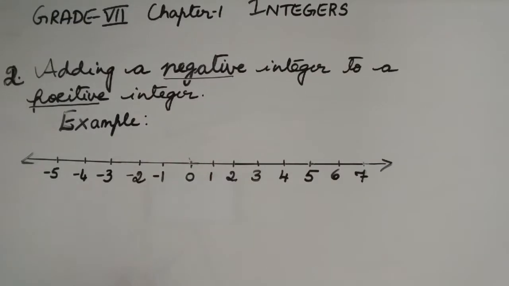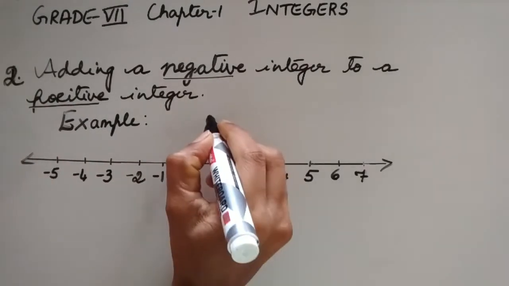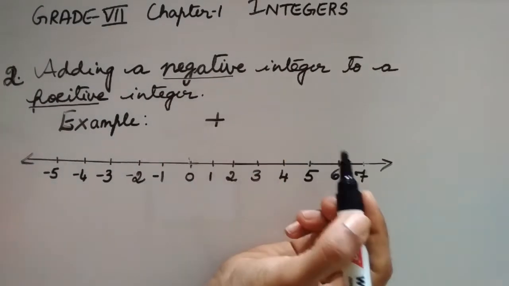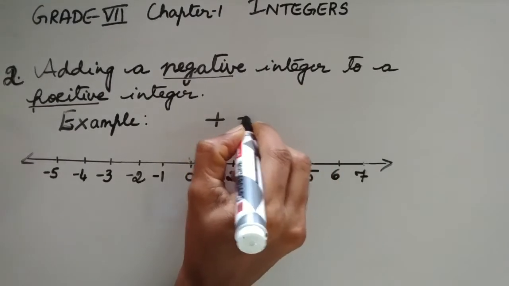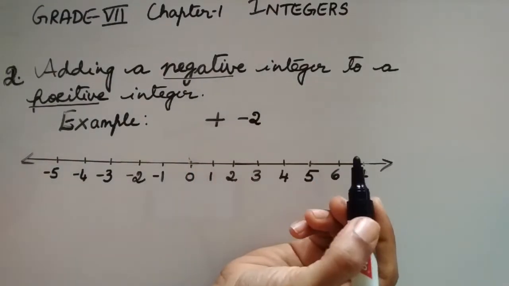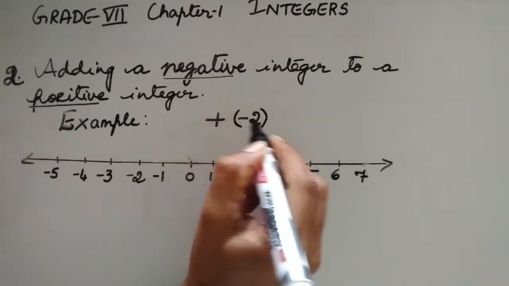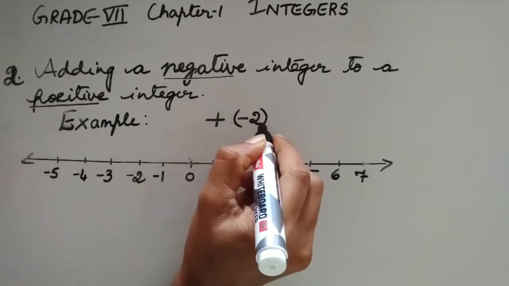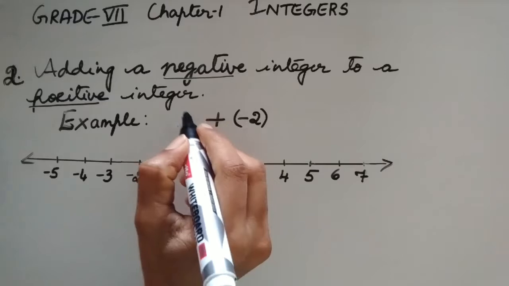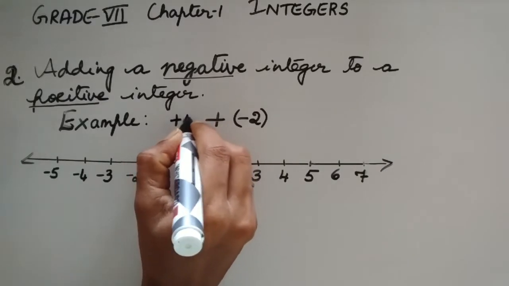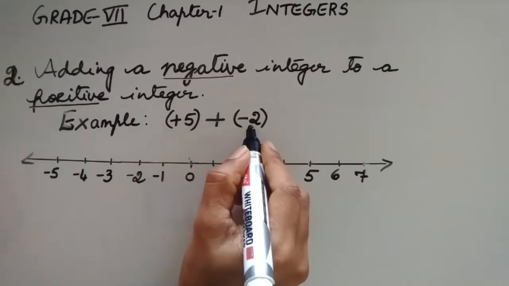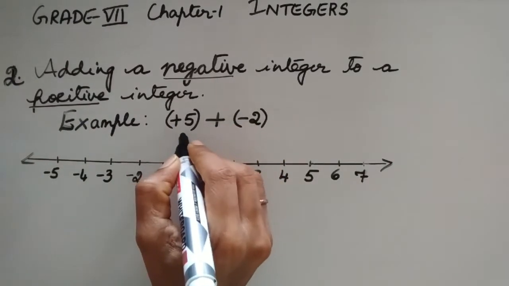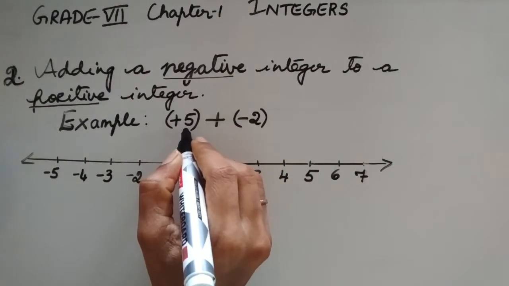For example, I will take minus 2. Minus 2 is a negative integer. I am adding this minus 2 to a positive integer, that is plus 5.